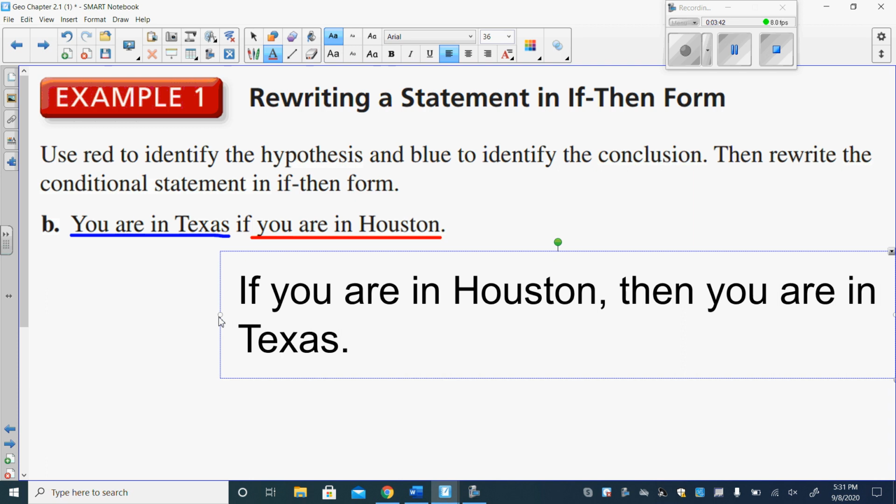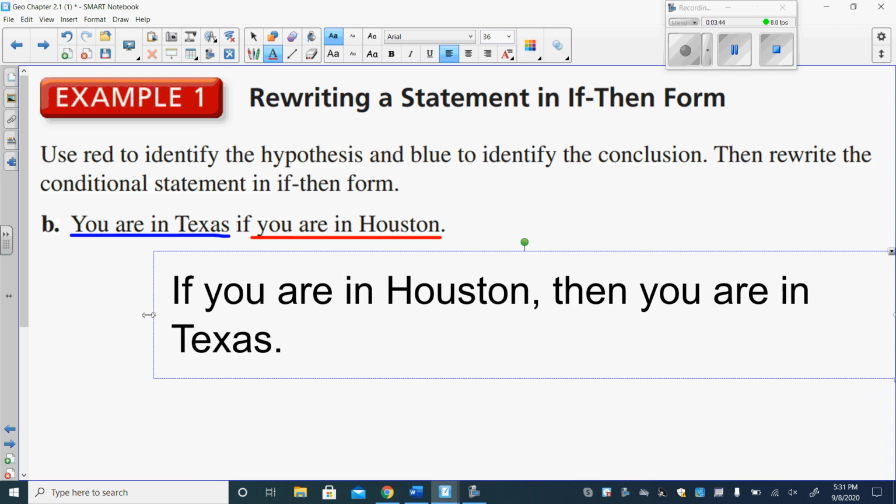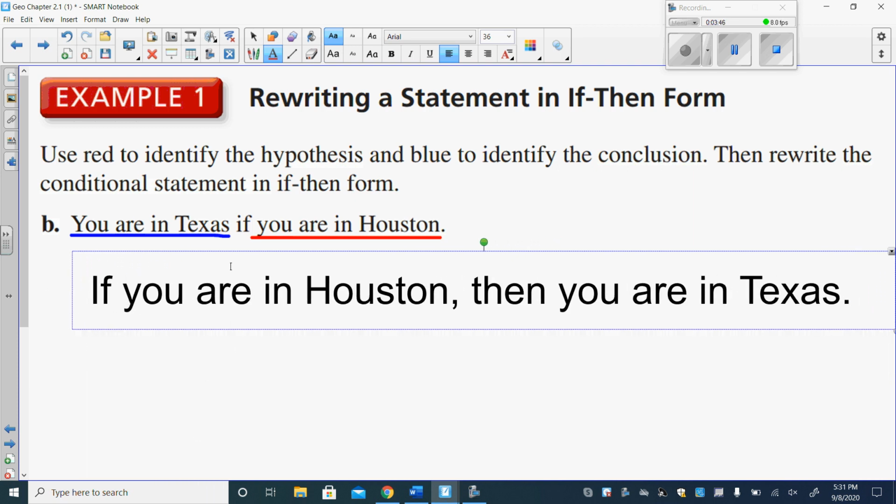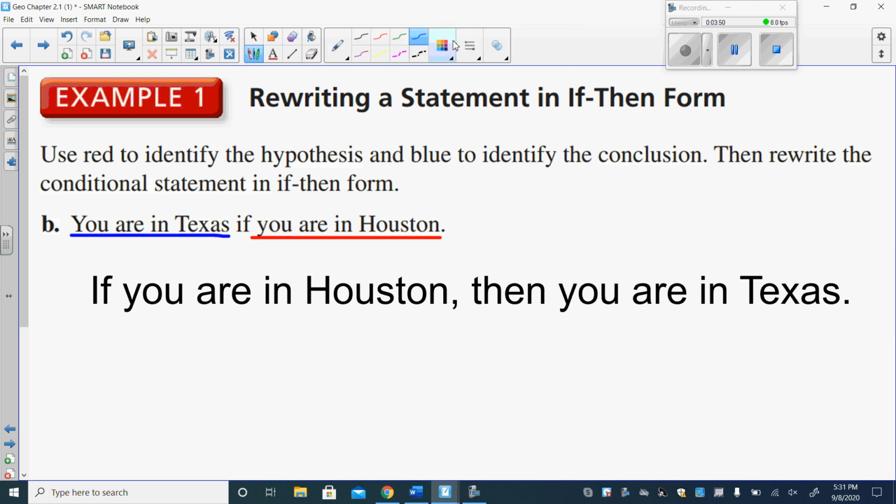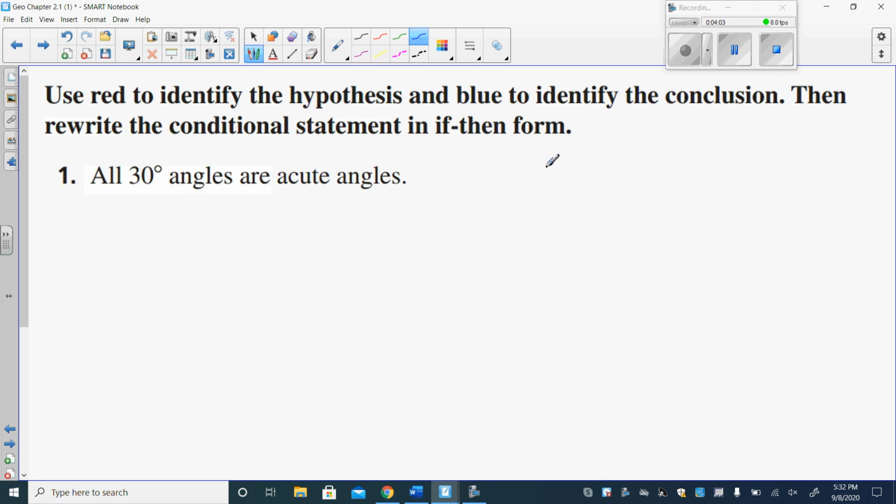This one was worded a little bit better than the first one, in that we were able to straightforwardly translate it from one to the other. Because you're in Houston is the hypothesis, you're in Texas is the conclusion. And that's all we have for this one. Next, all 30-degree angles are acute angles.